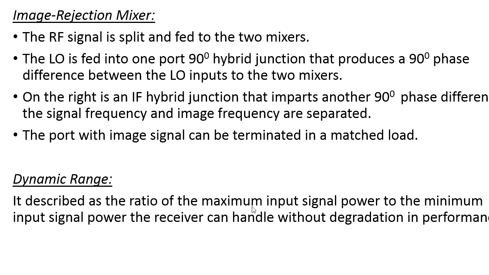How are we going to define the cutoff? At the maximum value, it drops by 1 dB or 3 dB. We get two frequency values, f1 and f2. If I perform the subtraction f2 minus f1, it gives the bandwidth. So the ratio of the maximum input signal to the minimum input signal is what we call the dynamic range of the receiver.